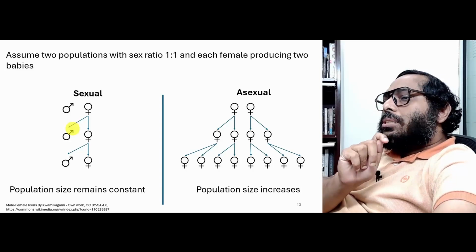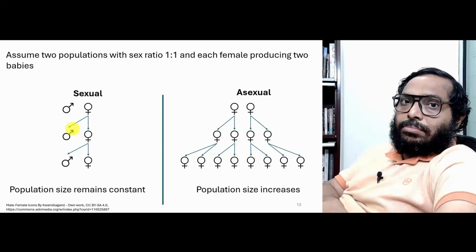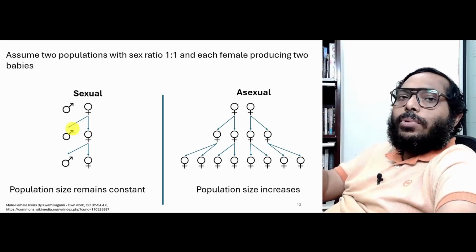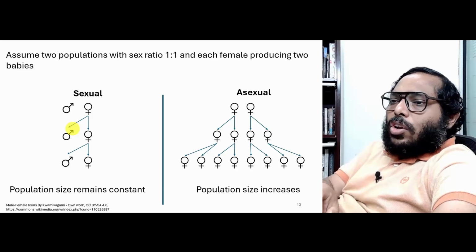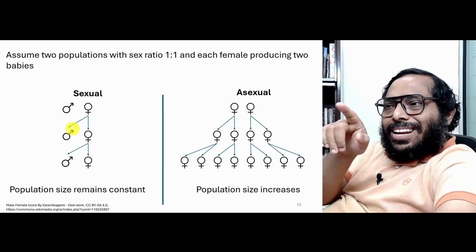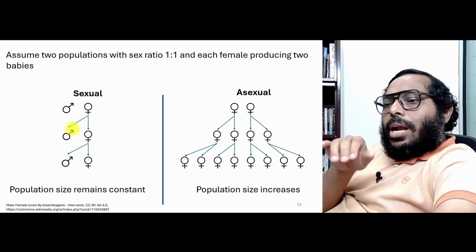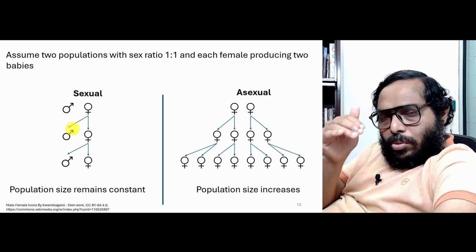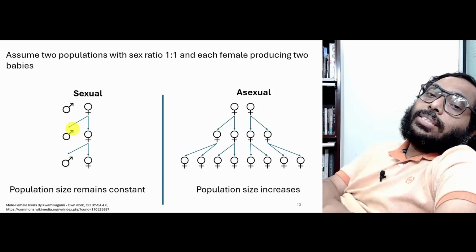But suppose the sex ratio is not 1:1, let us assume that the sex ratio is, say, female biased, okay. On an average it is producing more females than males. Even in that case, as long as in both cases the number of babies that are being produced are the same, the rate of growth of the sexual population will be far smaller than the rate of growth of the asexual population.